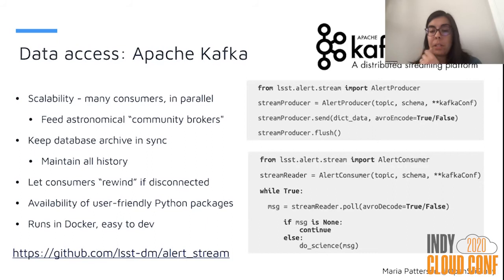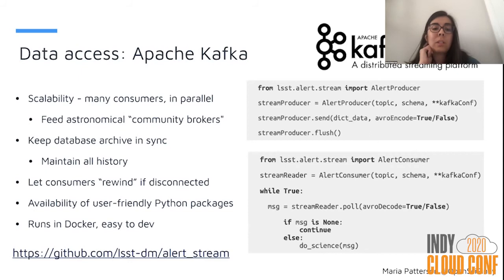What's nice about Apache Kafka is also that it syncs directly to a database, so that you can keep your archive in sync with all the data that you're streaming out to scientists. So scientists can go back and see a history, because we want to make sure this is science quality. We've got to have a record of our data that's exactly what is being sent out.